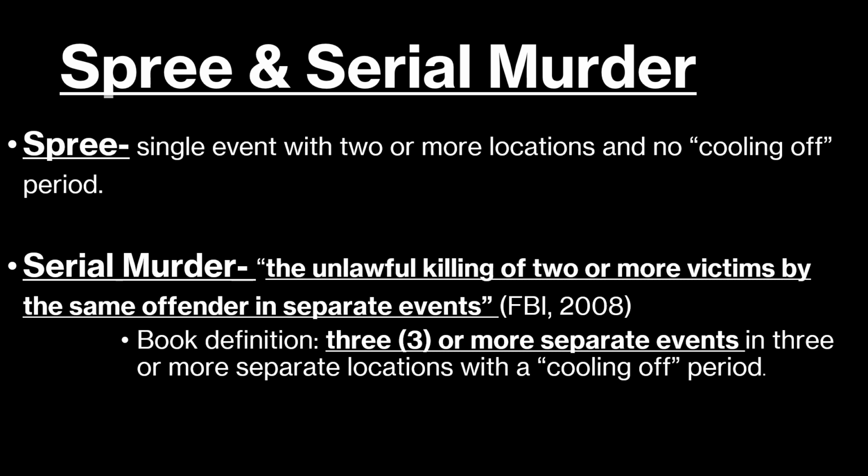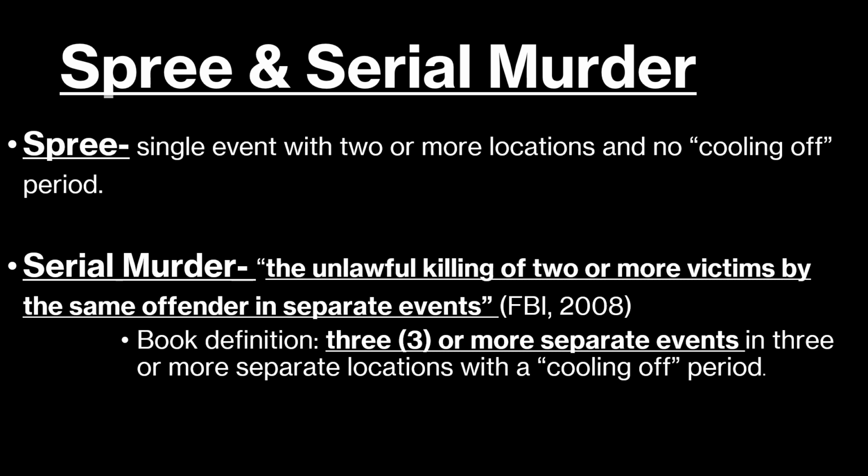Now, there's been some debate around this definition of how many victims accounts for a true serial murder. The official FBI definition is two or more. Your book definition says three or more because there have been several debates around it.